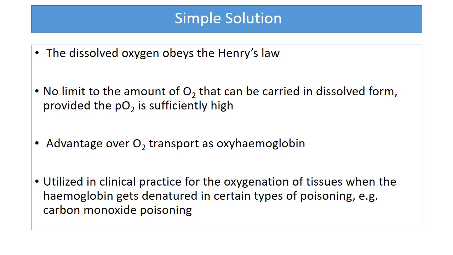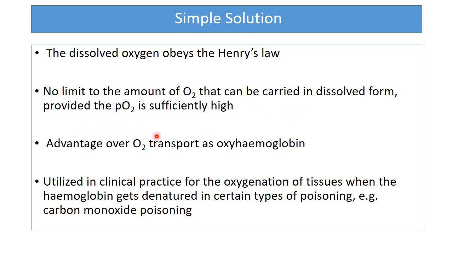This dissolved form of oxygen obeys Henry's law, that is, the amount dissolved is proportional to the pressure of oxygen. So there is no limit to the amount of oxygen that can be carried in the dissolved form if the partial pressure of oxygen is kept high.